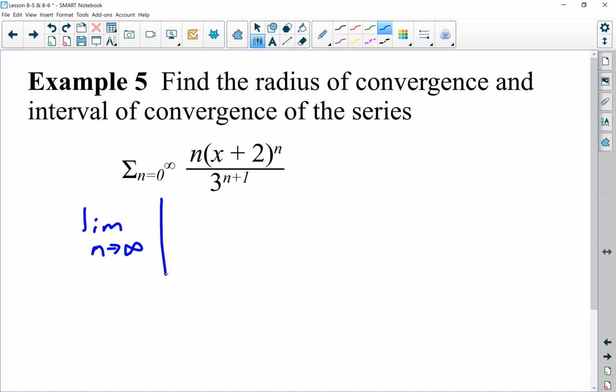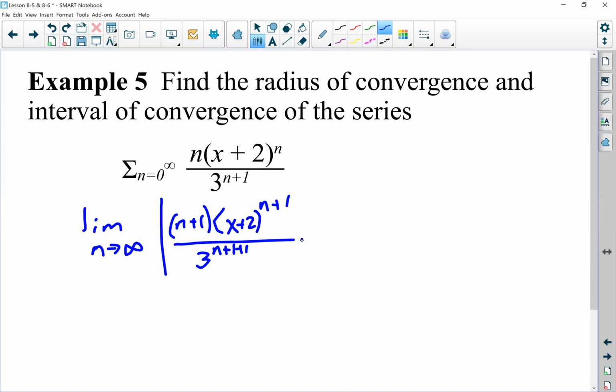After you do a couple thousand of these, you just get used to it: I'm going to take n plus 1 and multiply by the reciprocal of what I get when I plug in n.